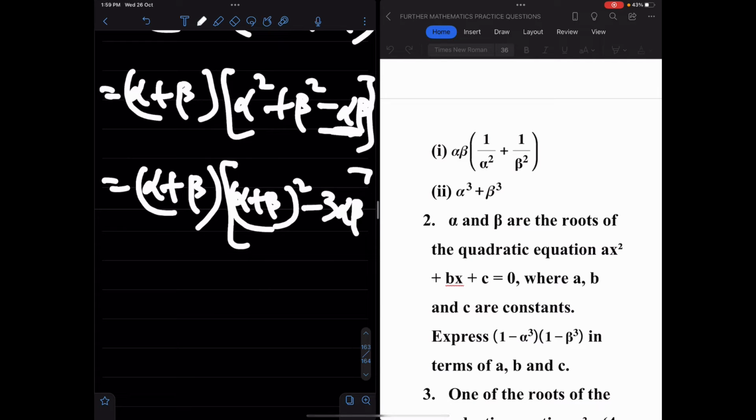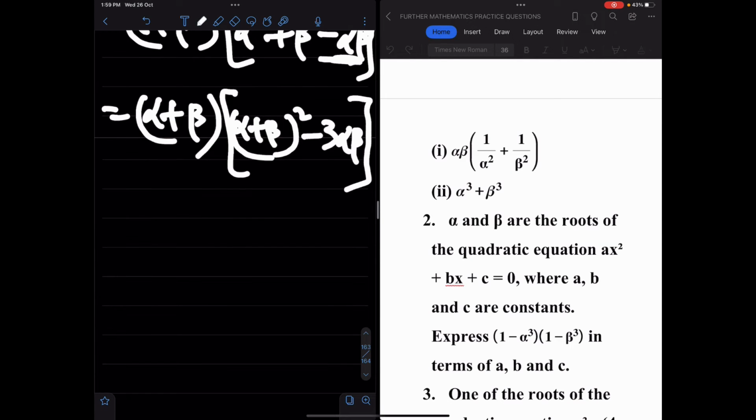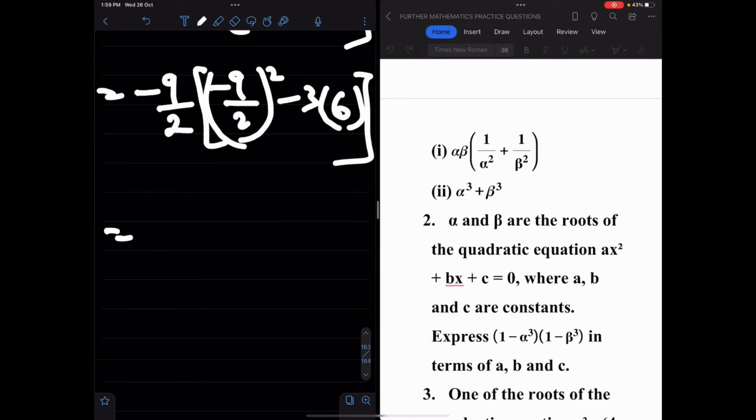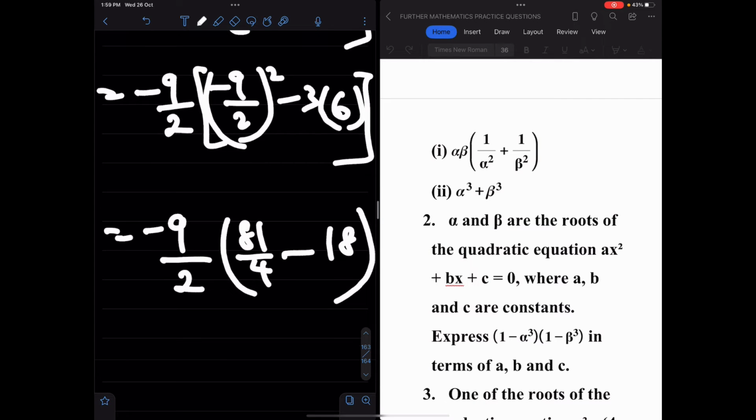Minus 3 alpha beta. And now we can simplify. Alpha plus beta is minus 9 over 2, into bracket the square of minus 9 over 2, minus 3 times alpha beta, which is 6. And then we have minus 9 over 2 into bracket 81 over 4 minus 18.